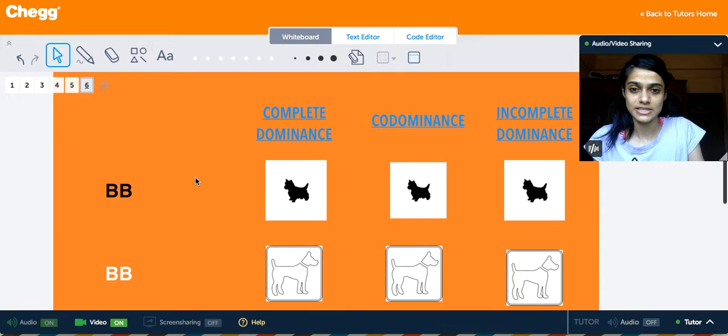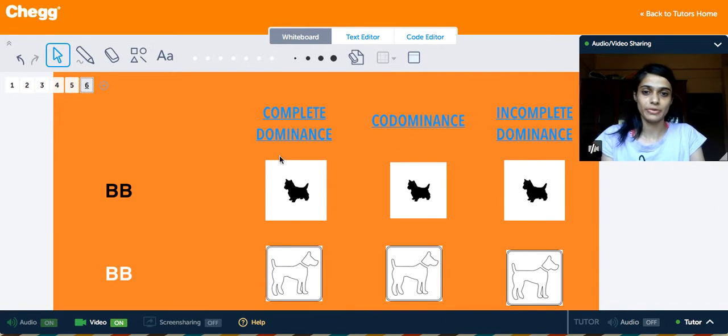So in complete dominance, assuming that the dog has 2 B alleles, as you can imagine, the fur color for the dog is going to be black in all 3 cases because the black B codes for black fur.